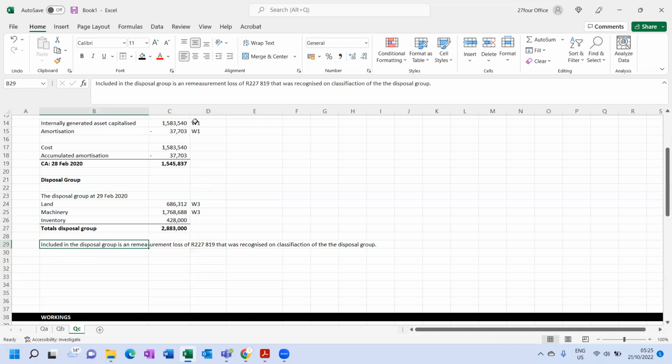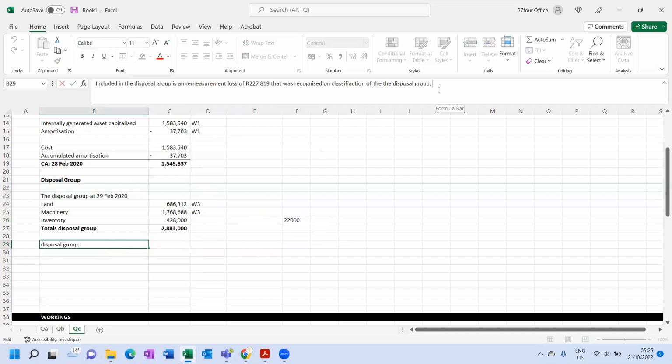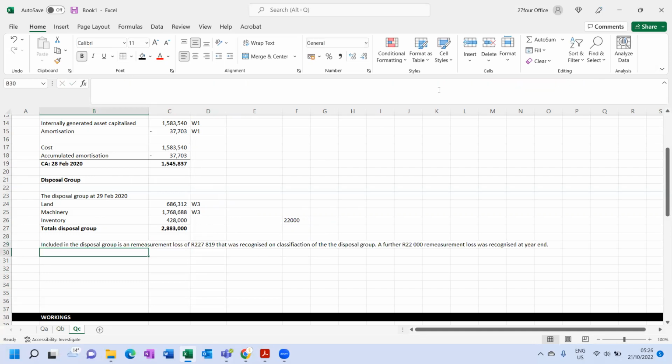Then you will also include, so remember, what was that now, 450,123 minus 428,123. A further 22,000 remeasurement loss was recognized at year end. Okay, and that's basically it.